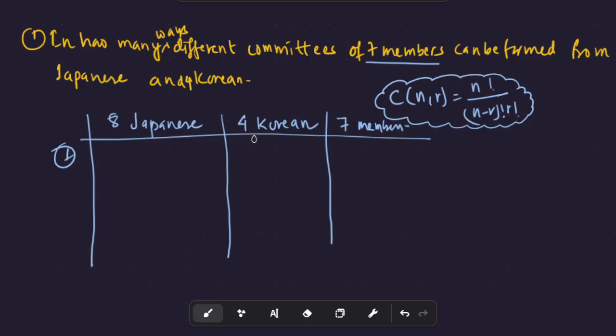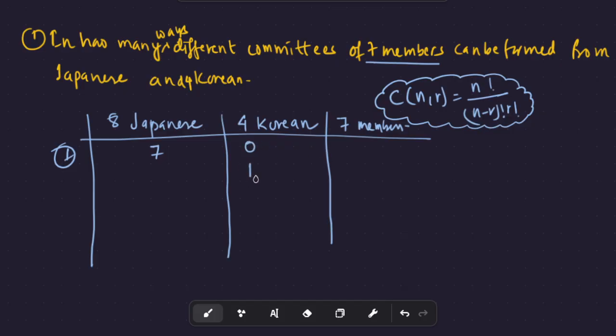For example, we can take 0 Korean, and if we do not take any Korean, then how many Japanese should we take for the formation of 7 members? 7 Japanese. Right, 7 Japanese should be taken.